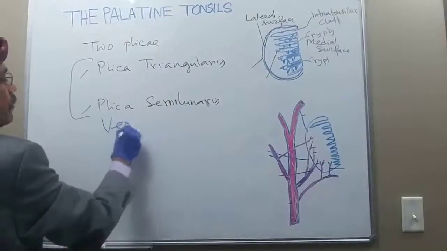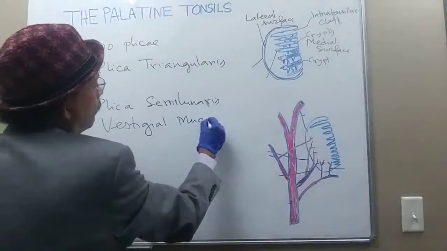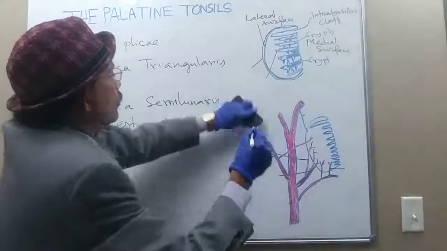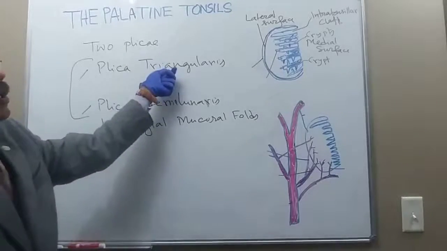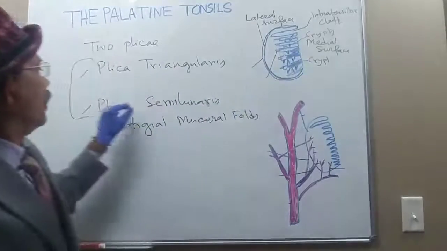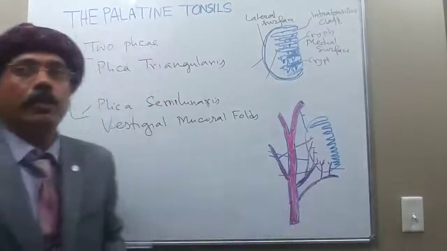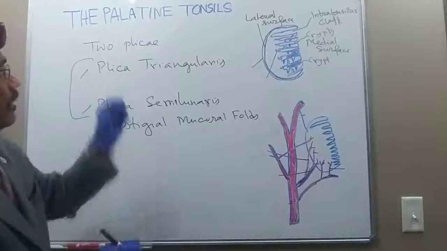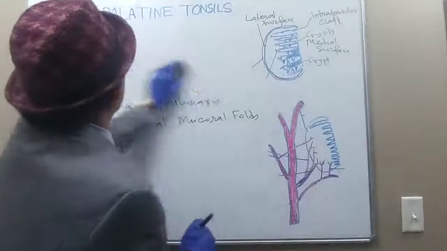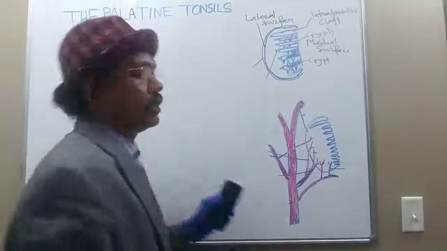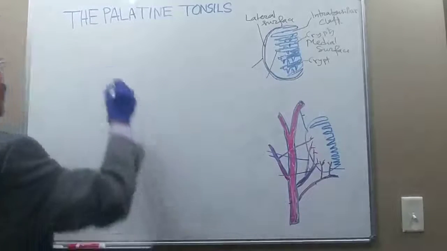They are vestigial mucosal folds. Plica triangularis we find in the lower part, and plica semilunaris in the upper part. These are thin vestigial mucosal folds that we may get. Now we'll go to the blood supply.